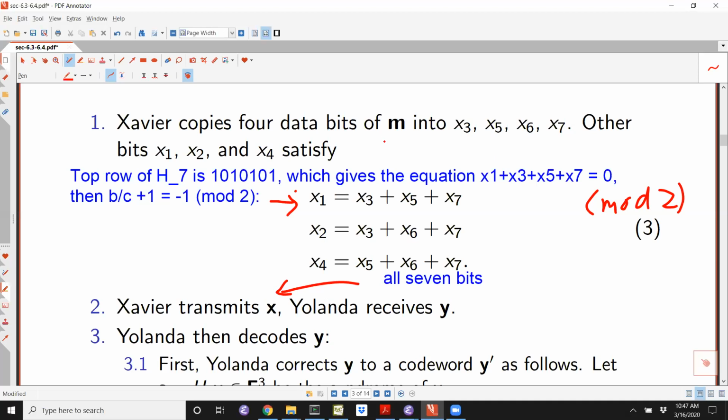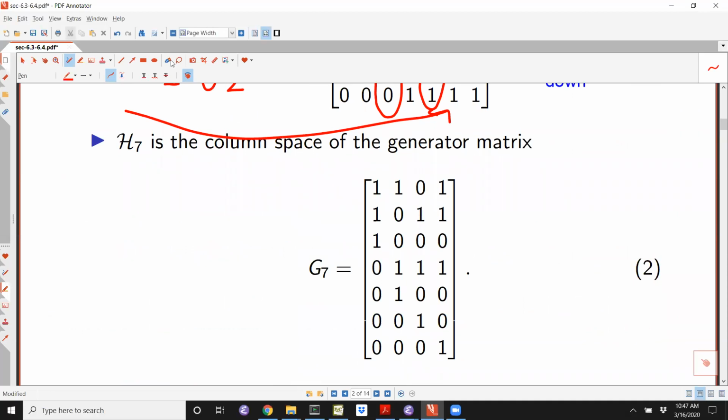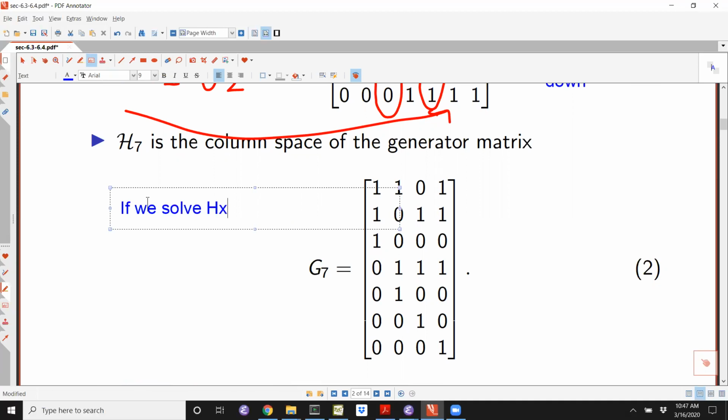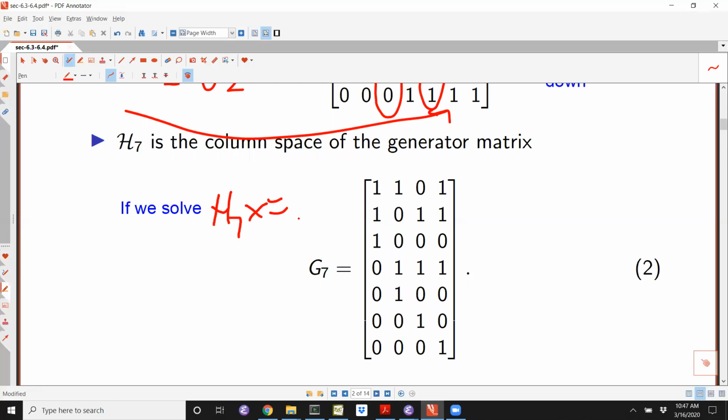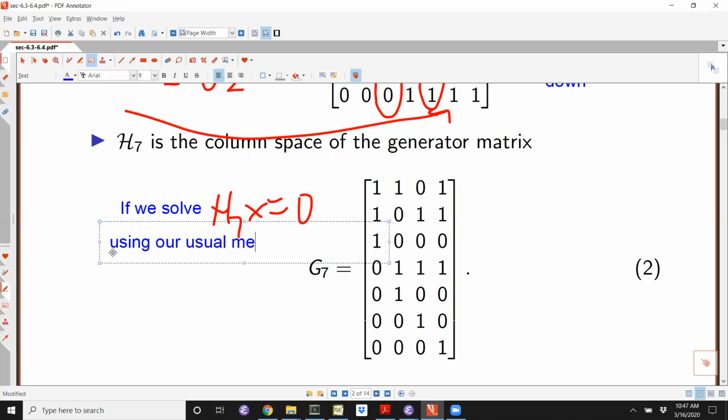Right. Let me talk about where this comes from. We won't use it very much, but let me talk about where it comes from. If we solve H7x equals 0, using our usual methods, this is the basis we get for the null space of H7.